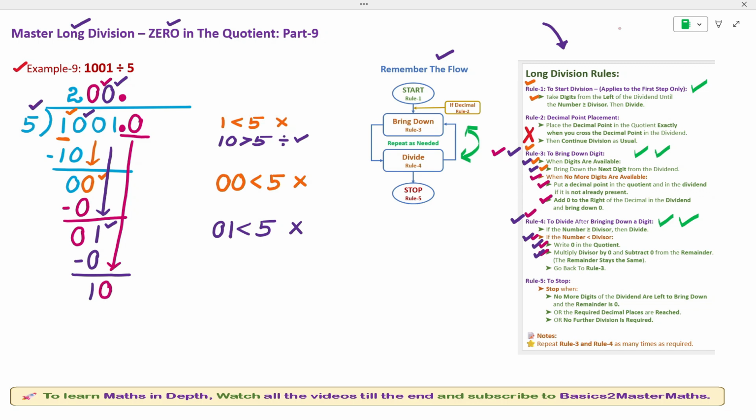Got it? Now, rule 3 is complete third time.